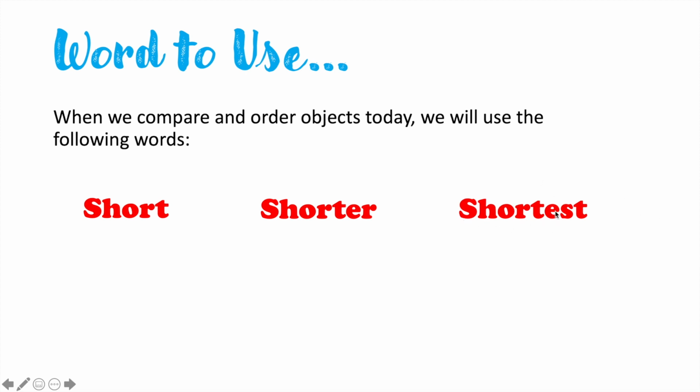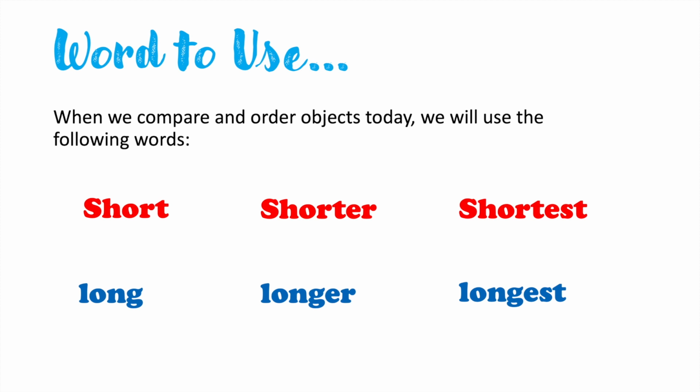Then it would be shorter and then short. So the one that has short would be the biggest of all three. We're also going to use the words long, longer, and longest. Longest would be, as it says, the longest. The longer would be in the middle, and the long would be the smallest of those three objects when comparing their length.